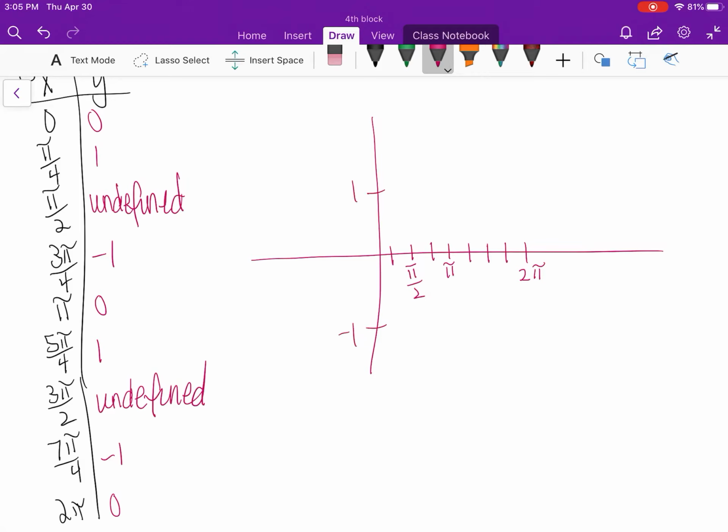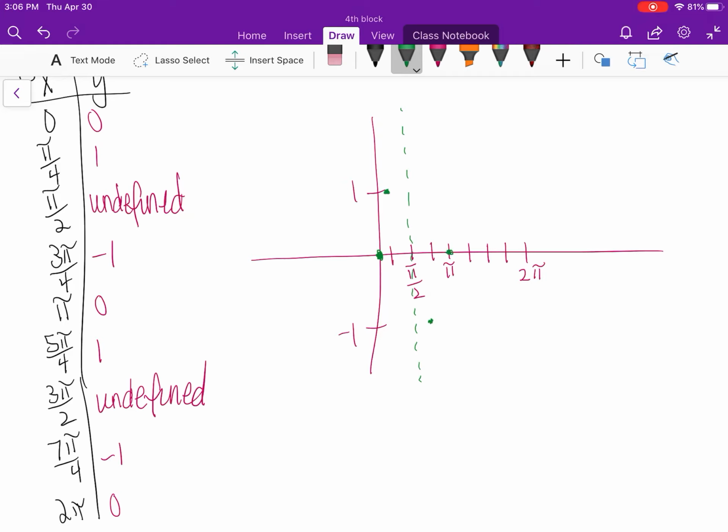Okay, so I graph the point 0, 0. And then at pi over 4, I have 1. At pi over 2, I'm undefined. Well, on a graph, when we have undefined, we usually have an asymptote. So there's an asymptote there. So it's usually an asymptote or a hole or something like that. So in this case, it's an asymptote.